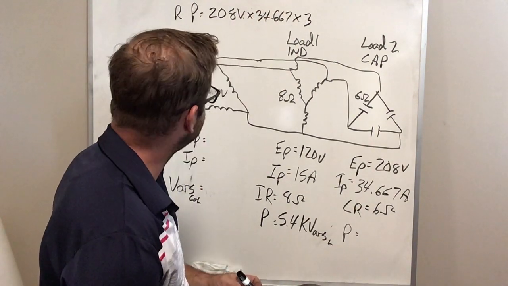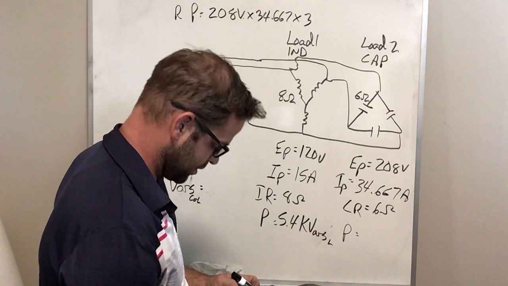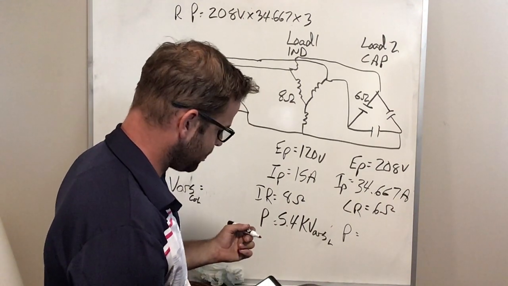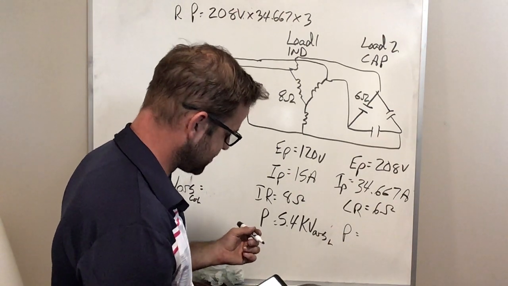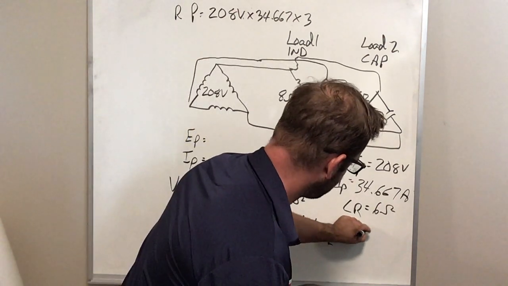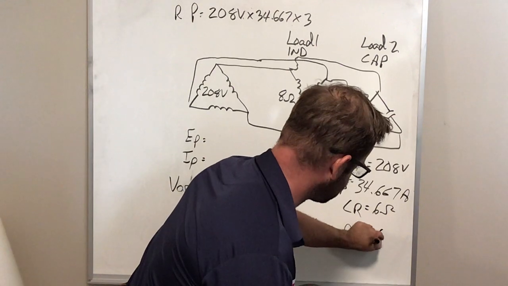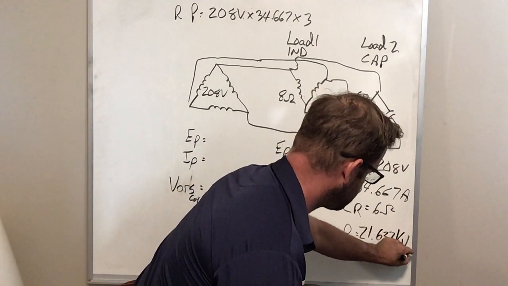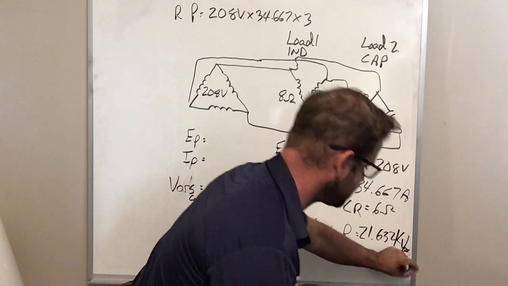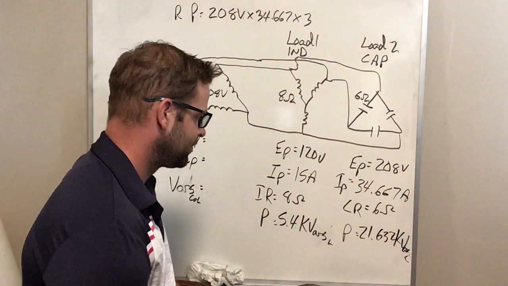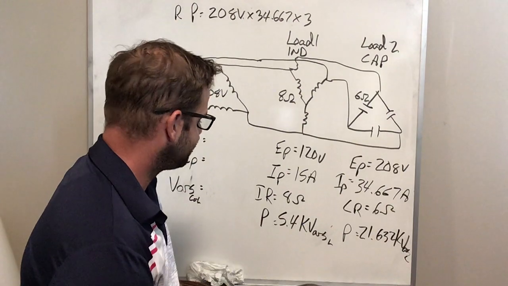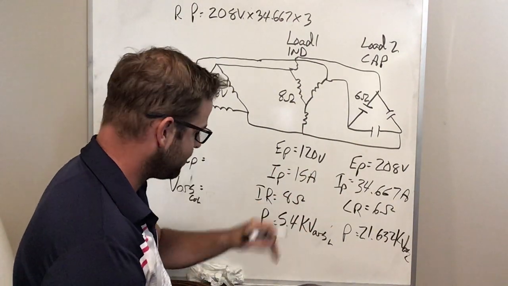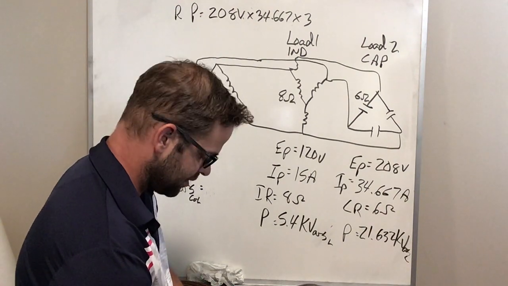So 208 times 34.667 times 3, and we get a total capacitive vars of 21.632 kVars, and that is capacitive. I know it's kind of run off the board there. Sorry if you can't see that. Okay, so that's all your currents figured out, and that's all your powers figured out.